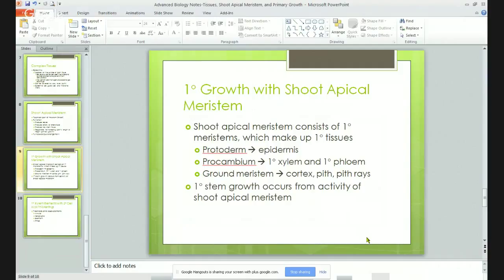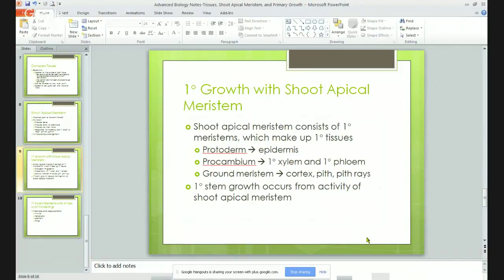This is what I would call a side view of your stem. You can see that your shoot apical meristem is there at the top. You've got a couple of leaves coming out, and then you've also got those lateral buds there. I didn't draw it on every single leaf, but I drew it on 2 of them.